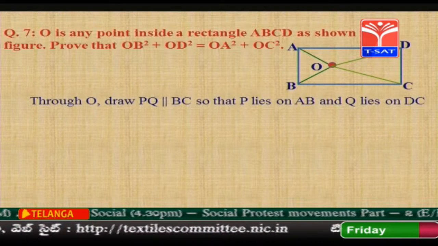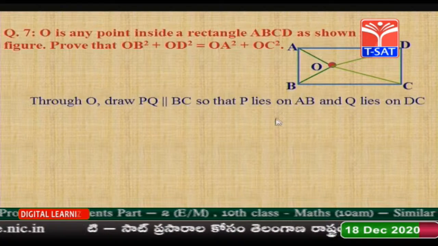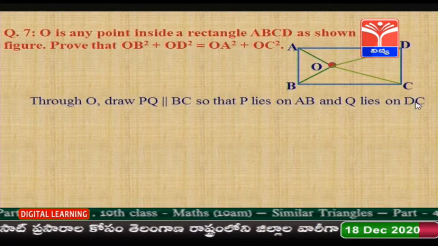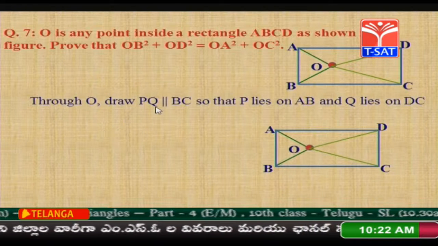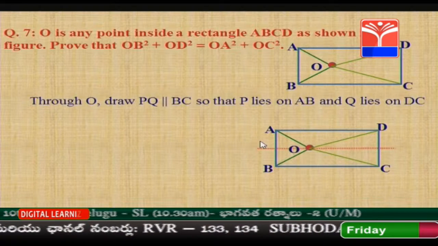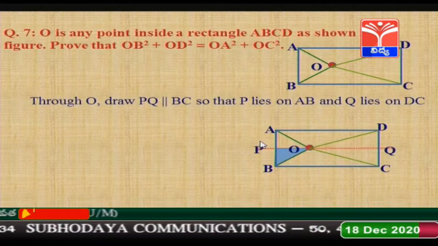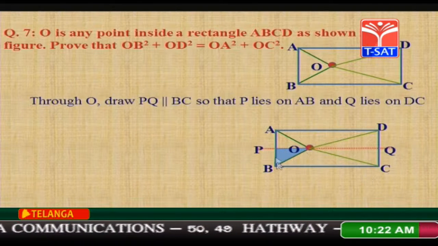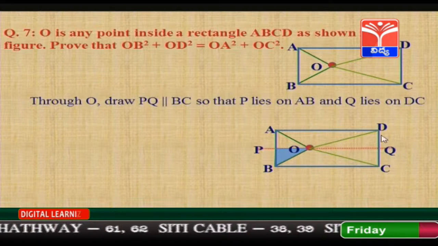Through O, draw PQ parallel to BC, so that P lies on AB and Q lies on DC. Now, I am drawing a line PQ parallel to BC, naming P and Q there, and P lies on the side AB and Q lies on the side DC.